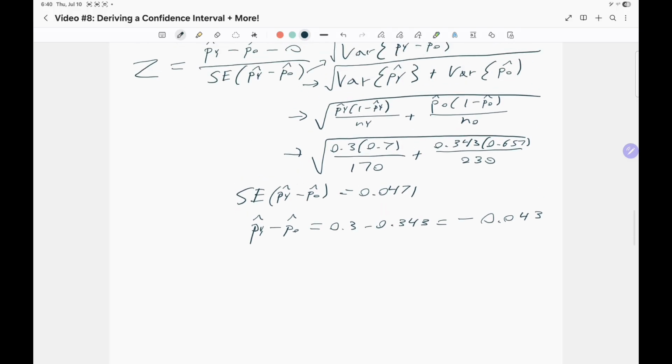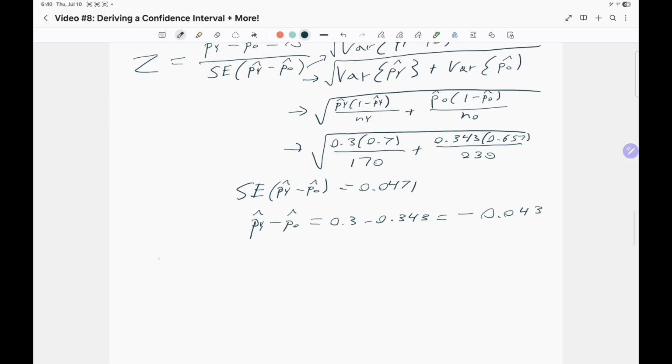I don't know why I had to check, but it took me a while to get to this point, so you don't want to do anything wrong. And our test statistic Z is going to have the value of negative 0.913.